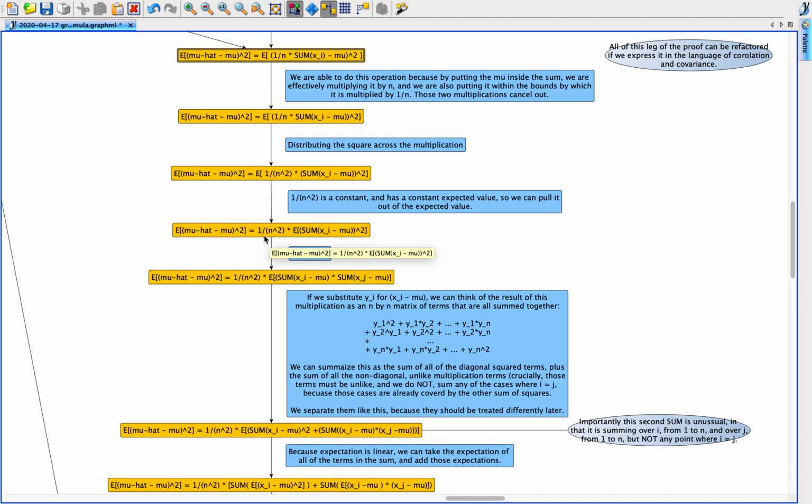The expected value of 1 over n squared is just equal to 1 over n squared. So we factor that out, and then we expand this sum.